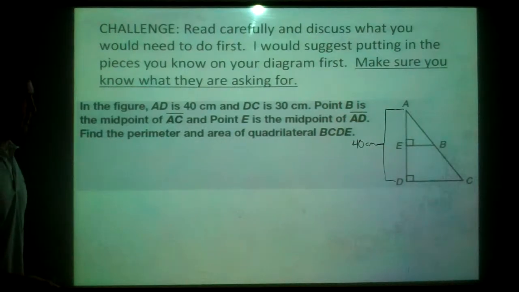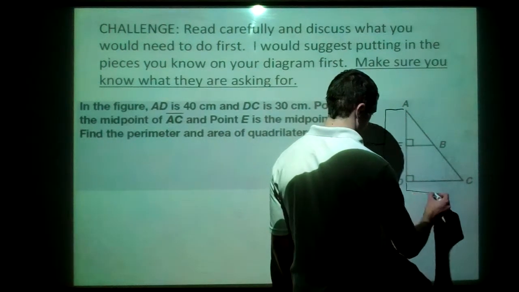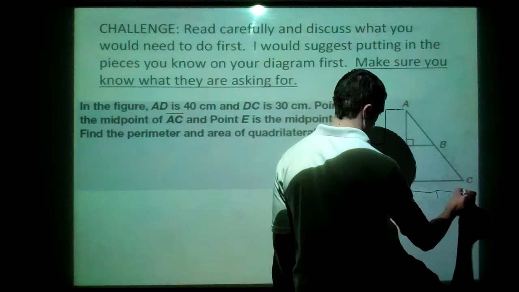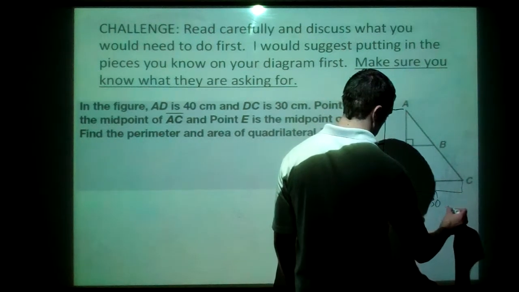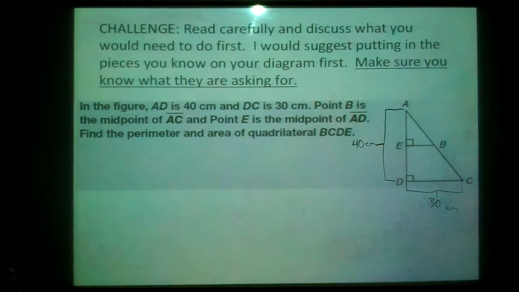And DC is 30 centimeters. It's always good to plug in what we know and draw a picture. A lot of these problems that we deal with in the future, we can't just think about in our heads. We need a clear picture in order to figure them out. Showing your work is very important.